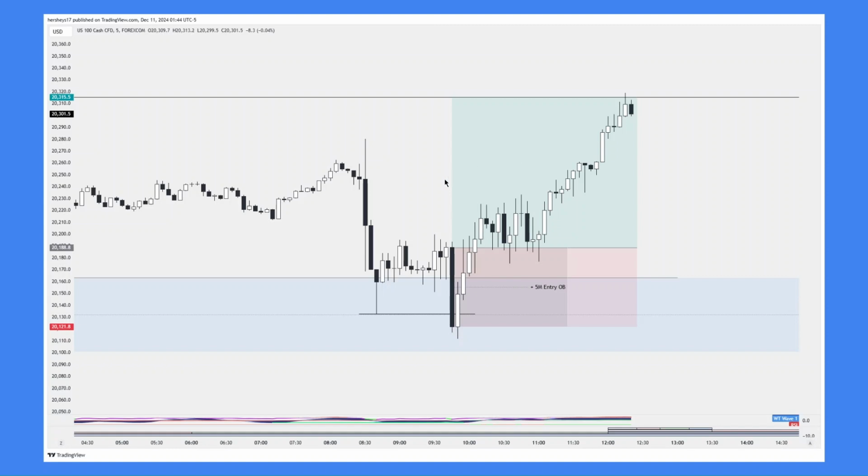That's how simple it is to combine fair value gaps, to understand the order flow, market structure, and liquidity in all three time frames to support our idea and align them with all the existing time frames to increase the probability of our trades.